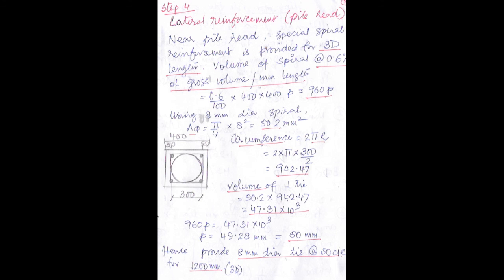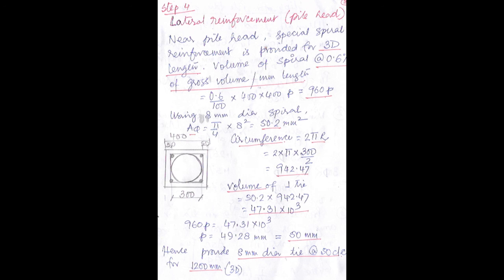Correct. Now see, this step is also similar to step 2 and 3, but here the circumference is going to change. वो स्क्वायर क्रॉस सेक्शन था, तो circumference हम लोगों ने क्या लिया था, एक साइड का लेंथ निकाला था टाई बार का, then we have multiplied it by 4 because it was square, but here we are providing the spiral reinforcement, so it is not a square perimeter, it is the circular perimeter.